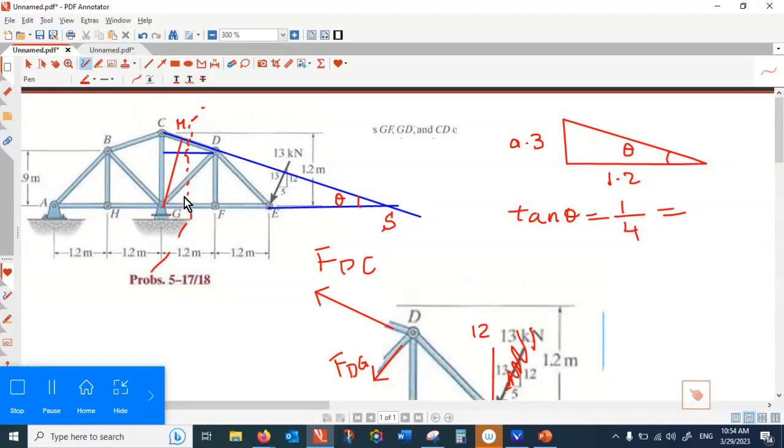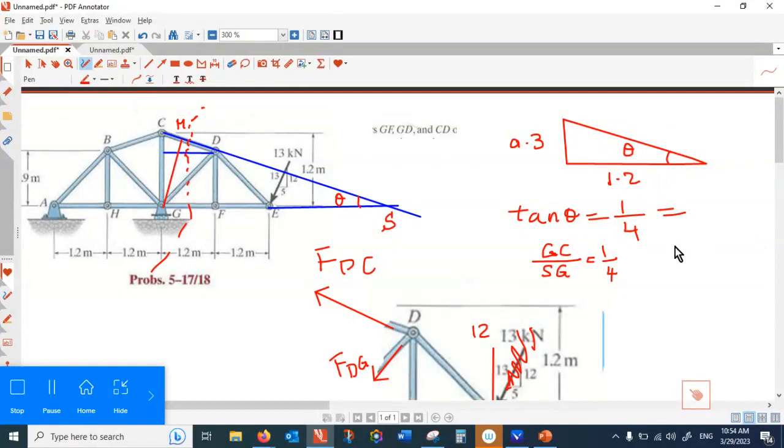okay, with this larger triangle, the triangle SGC, you can simply find SG. So GC divided by SG, that is tan theta, which is equal to 1 over 4, right?